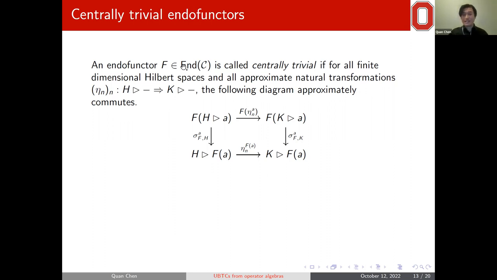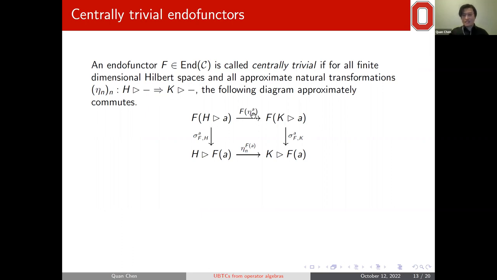Because we already said that N(C) has a Hilbert module structure. So once you do the Hilbert action, it still lies in this category, right? So this is an endofunctor, right? All right. Which means the endofunctor approximately commutes with the Hilbert space action.